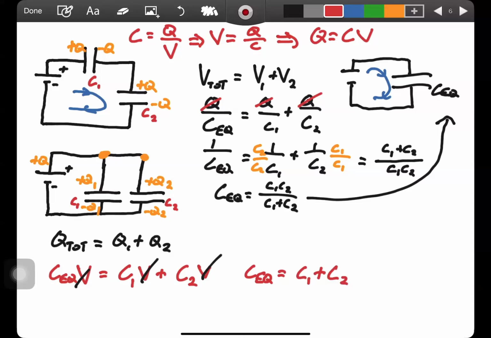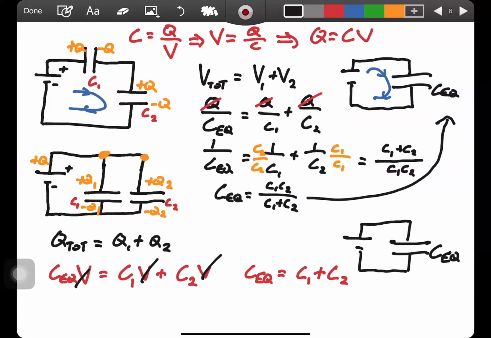That should look familiar to when you have resistors in series, where you just add them together. And so now we can think of having a simpler circuit where we just have a single capacitor, where we think of the equivalence of the two original capacitors in parallel.